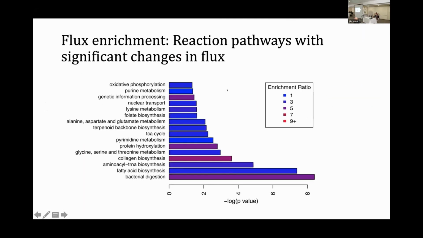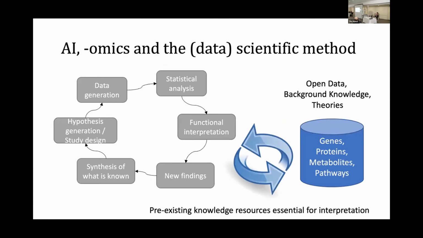But all of the analysis that we just did depends on this representation of the pathways. And this is where I want to bring it back to AI. So in order to analyze and interpret these data sets, we need a backbone of knowledge to take the data and compare it to this backbone of knowledge.